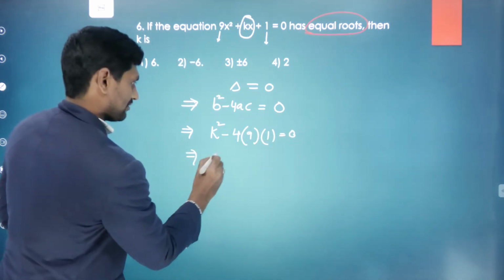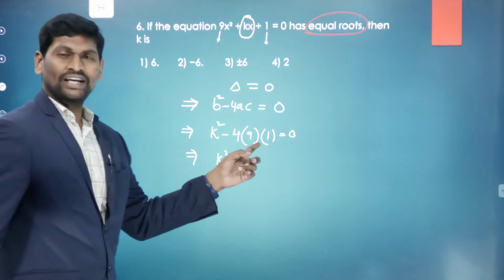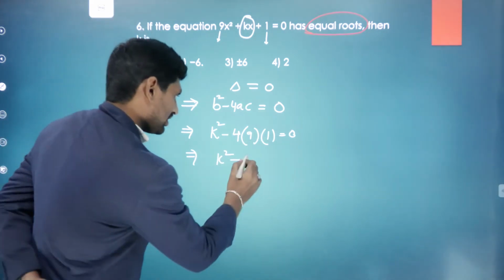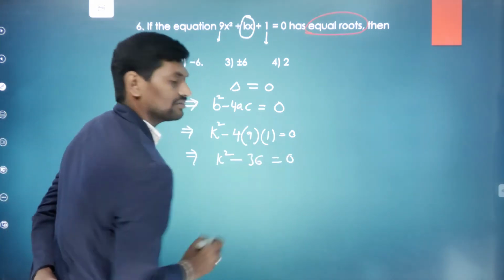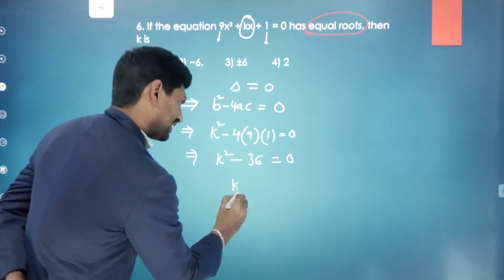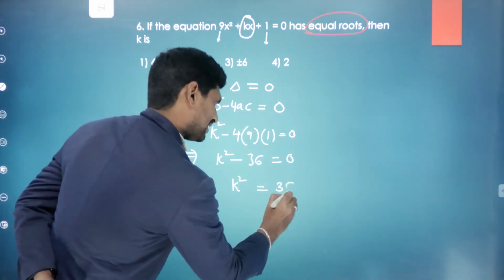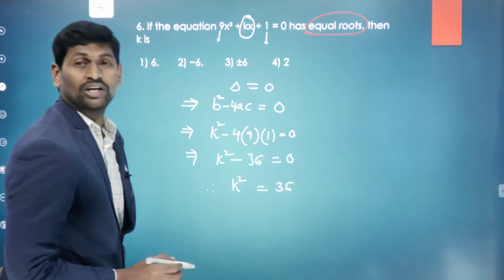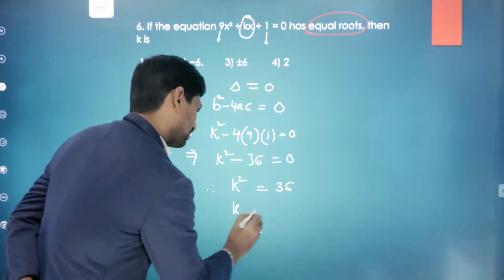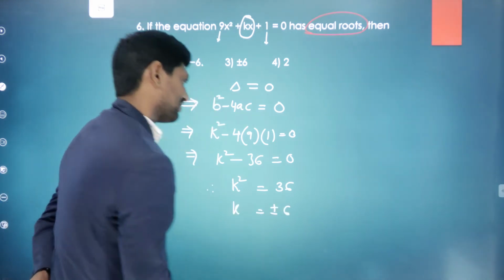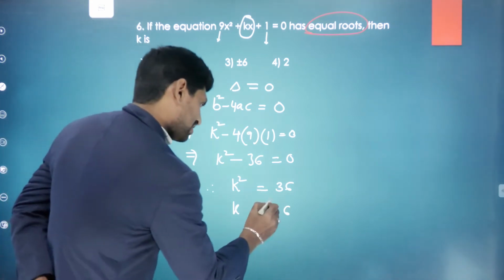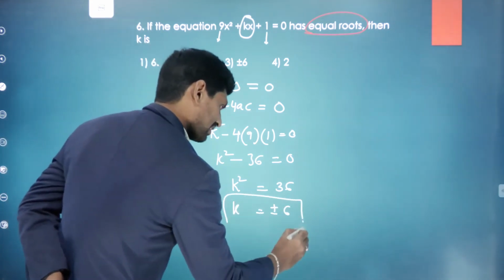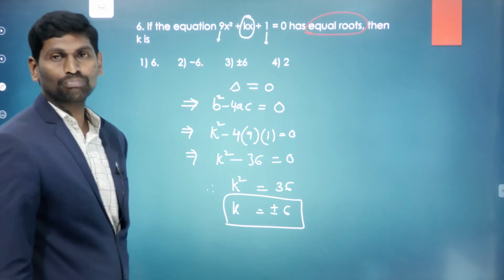That implies 4 9s are 36. 36 into 1, 36 only, equal to 0. So minus 36 transposed to that side becomes plus 36. Apply square root on both sides, then k is equal to plus or minus 6.